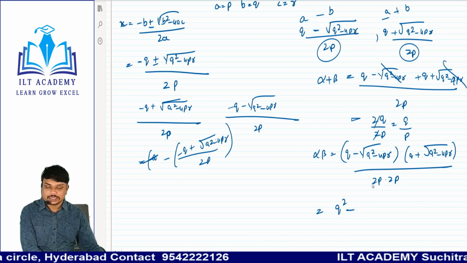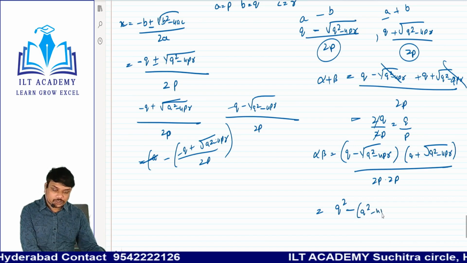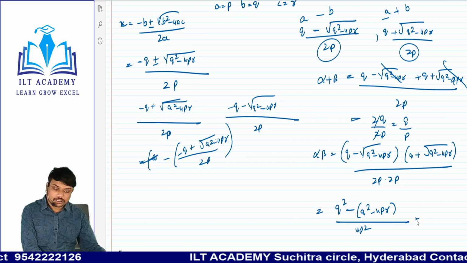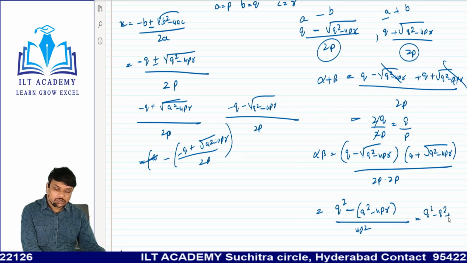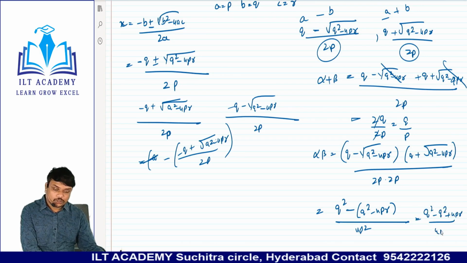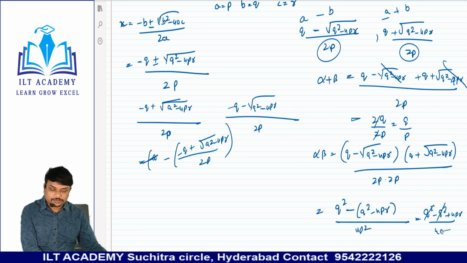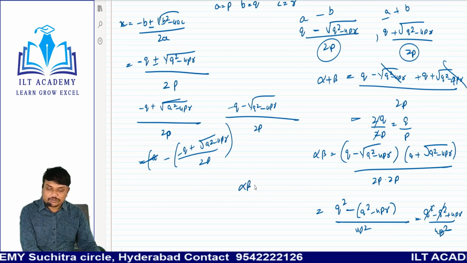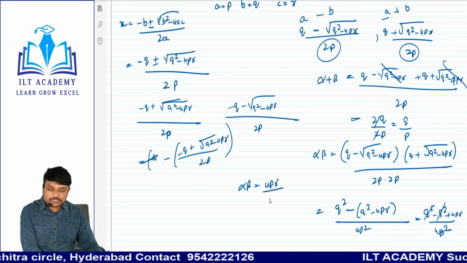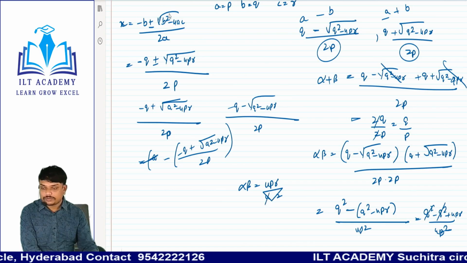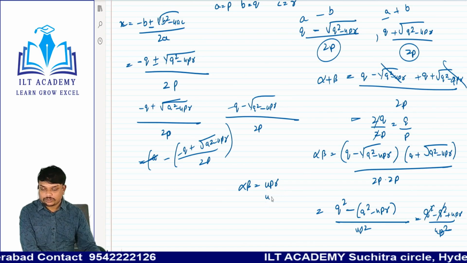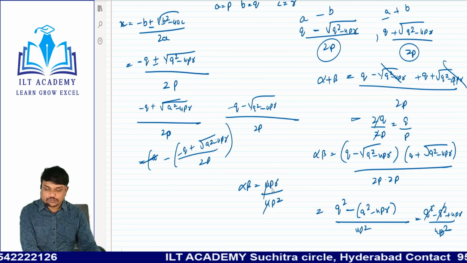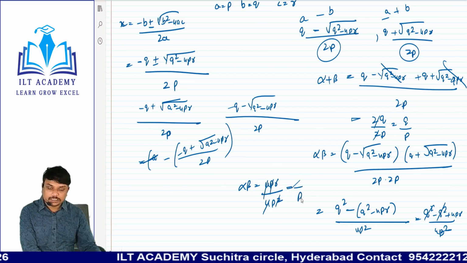Root into root gets cancelled, so it becomes q square minus, bracket, q square minus 4pr, which is q square minus q square plus 4pr upon 4p square. Q square cancels. So the product of roots alpha beta is 4pr divided by 4p square, the 4 cancels, and r by p remains.